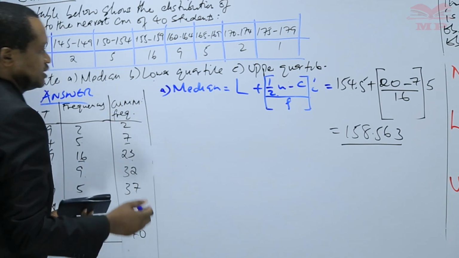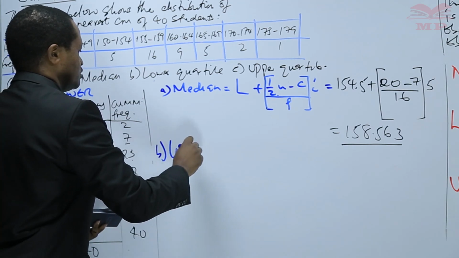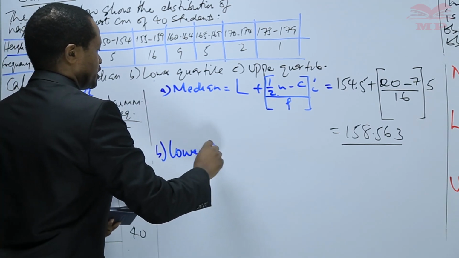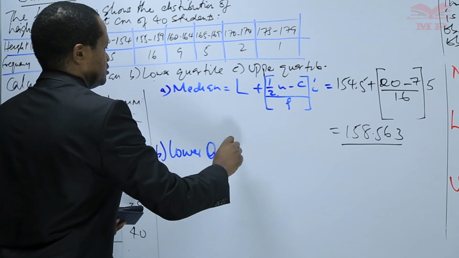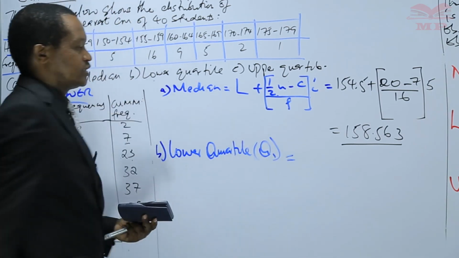Let's calculate the lower quartile, Q1. What's the formula?